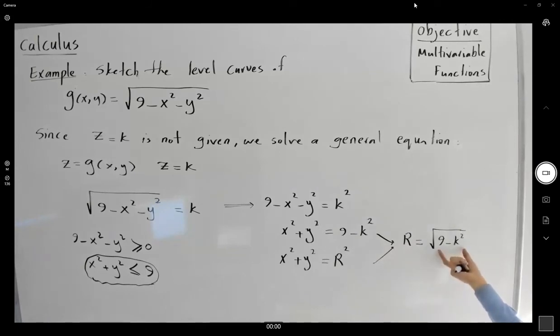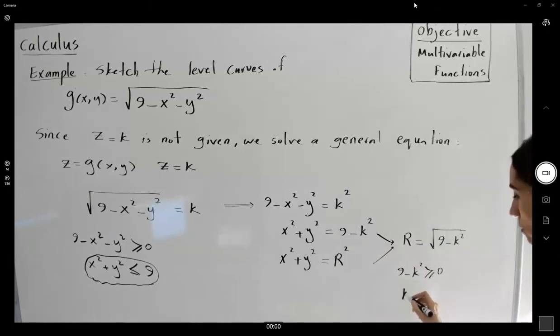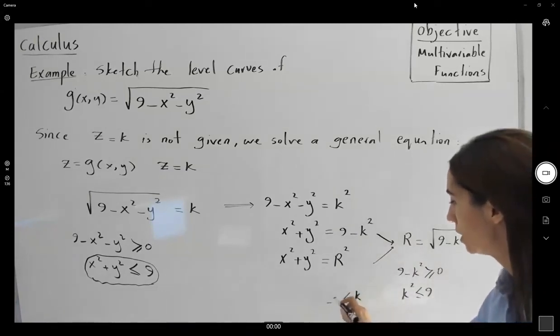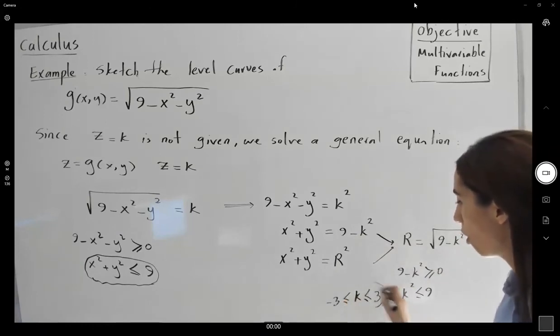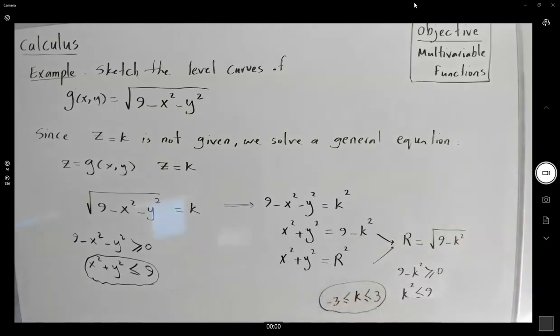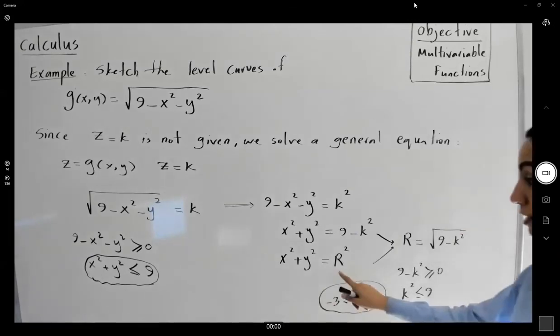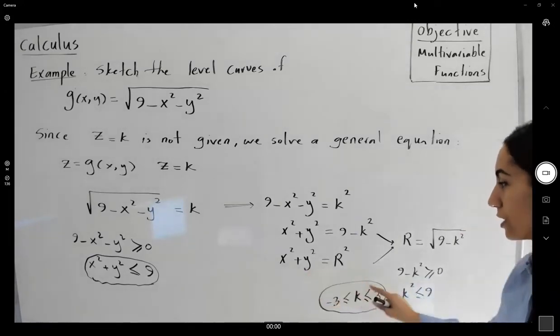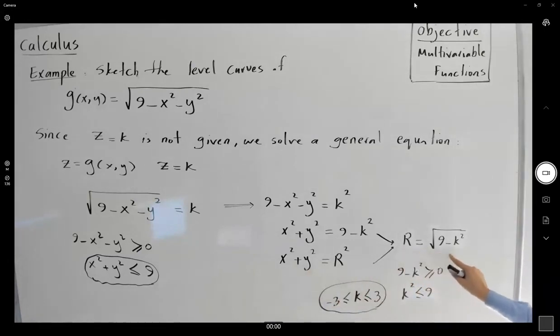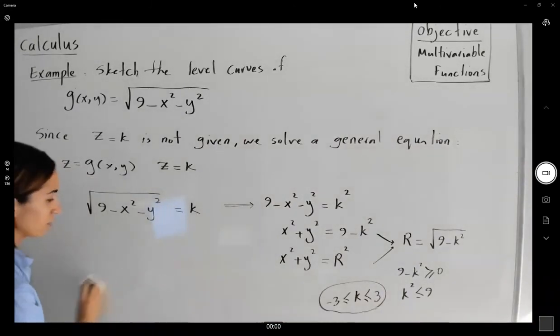The quantity inside the radical cannot be negative. 9 minus k squared must be greater than or equal to 0, or k squared is less than or equal to 9, or k is bounded between -3 and +3. So what are the level curves? The level curves are concentric circles with radius r equals the square root of 9 minus k squared. We found the domain.